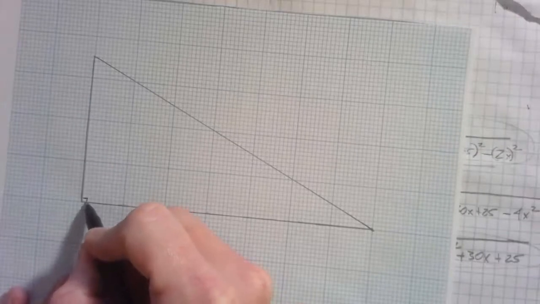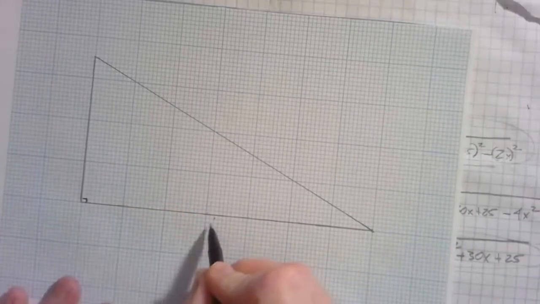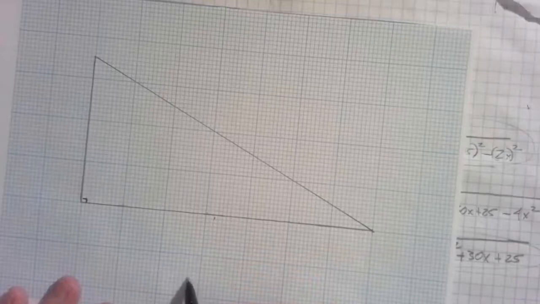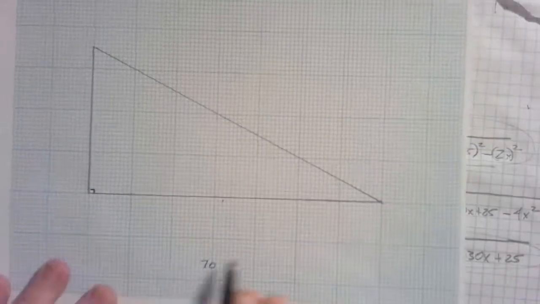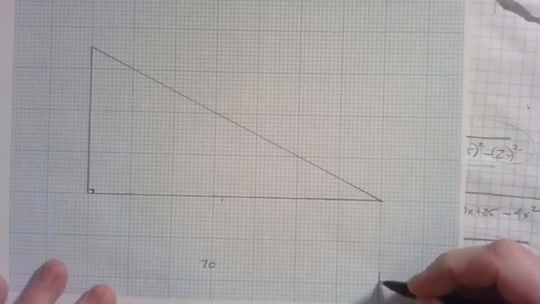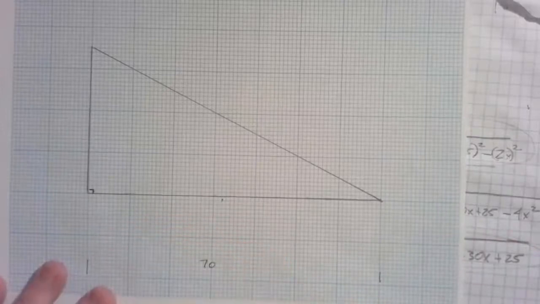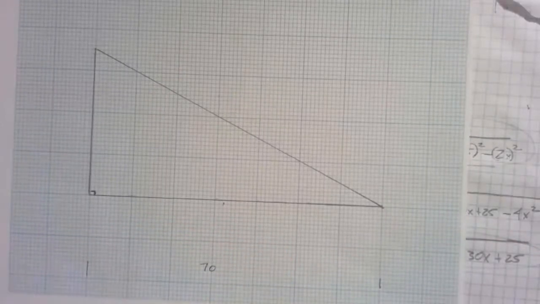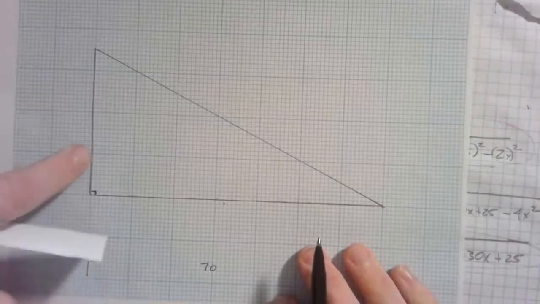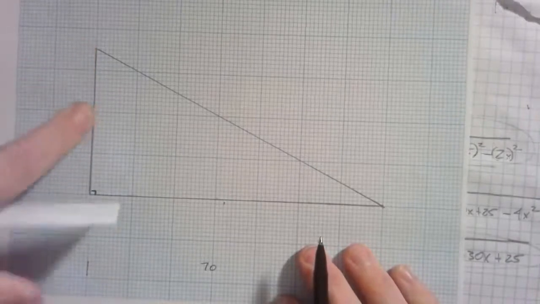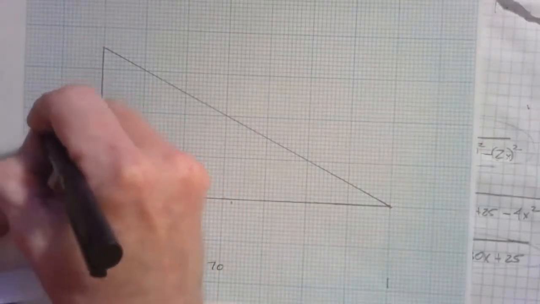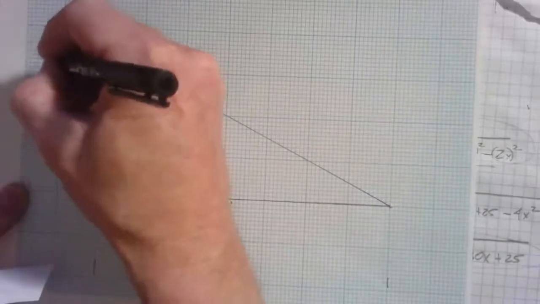All right. That's a right angle. So we could say this whole thing down here is 70 blocks long. And this is, you'll notice, half of that, 10, 20, 35. So this is 35 from here to here.